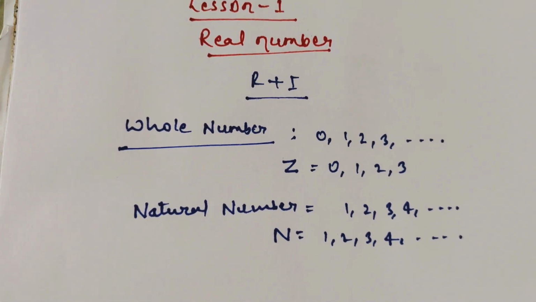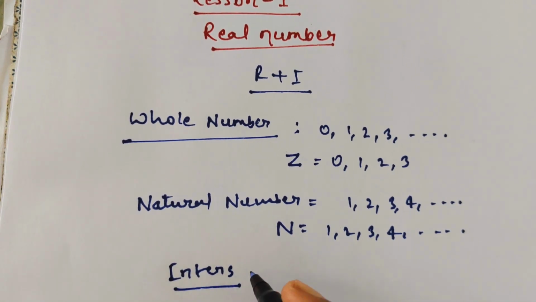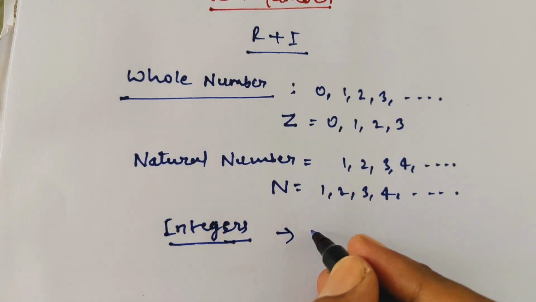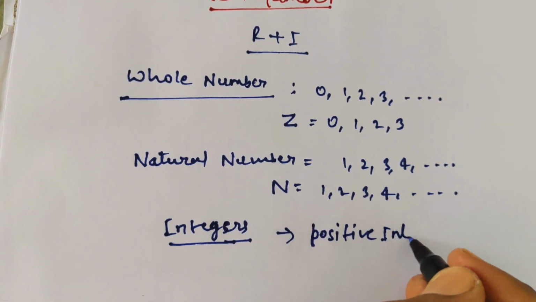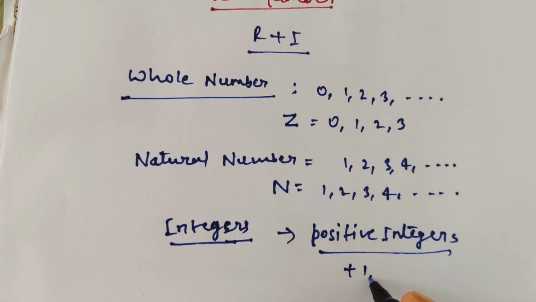And if I talk about integers, integers are broadly classified into two types. Sorry, there is a spelling mistake in integers. First, the positive integers, like +1, +2, +3, +4. All these are called positive integers.